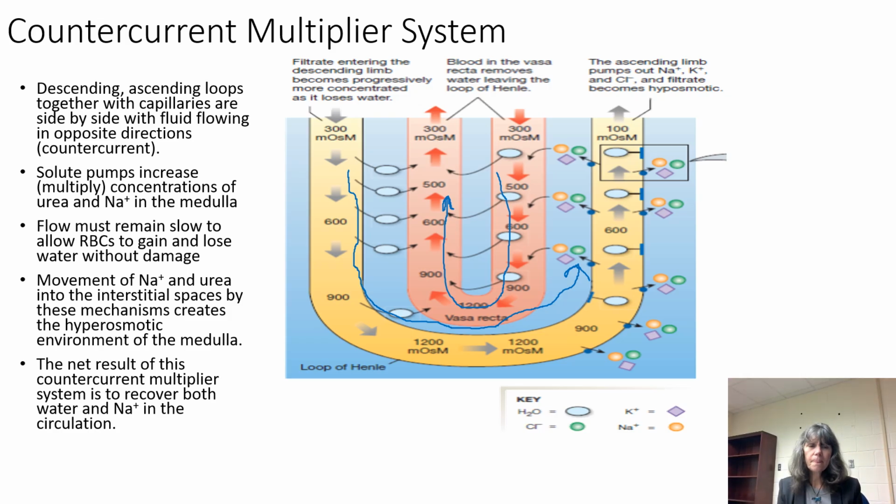So the movement of sodium and urea into the interstitial spaces by these mechanisms can create a hyperosmotic environment in the medullary portion of the kidney, and the net result of this countercurrent multiplier system is going to help recover water and sodium back into our bloodstream, back into circulation.